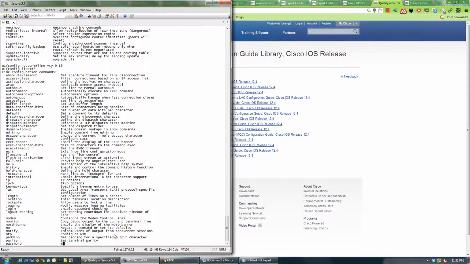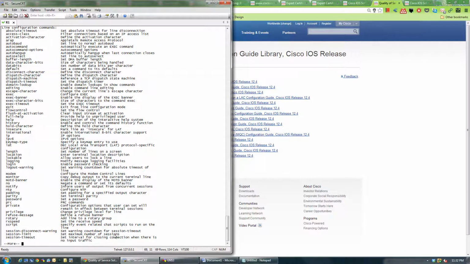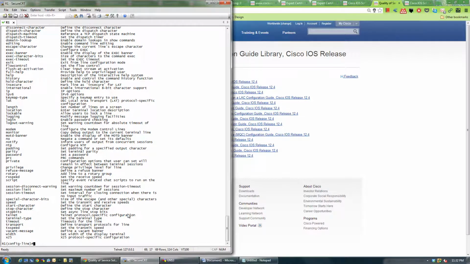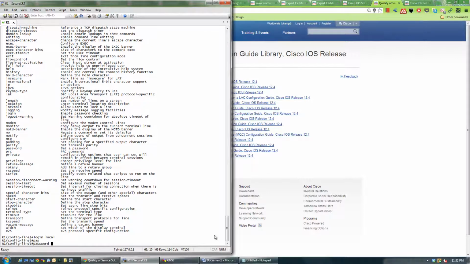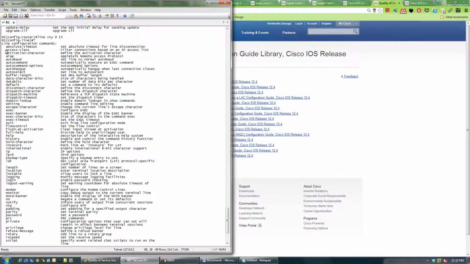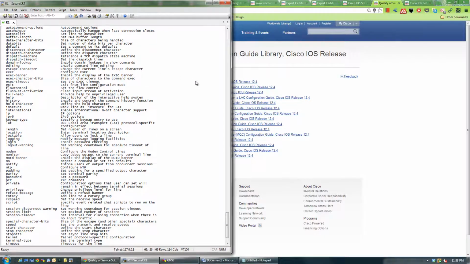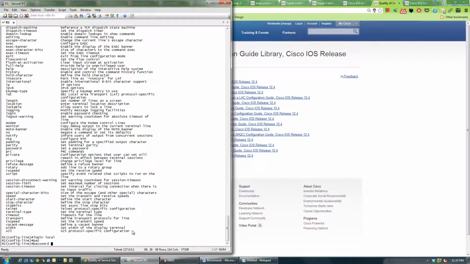Look at this. Can you believe that? And we only configure what? Login local, password, or access class at best. Access class at best. When you have so many commands, look at this. Whew.